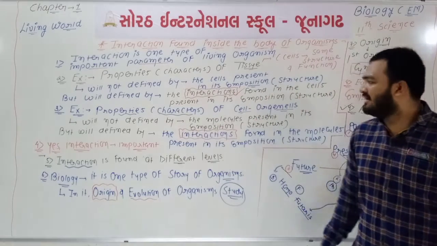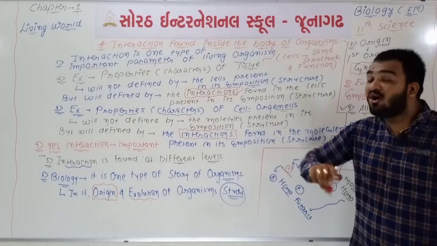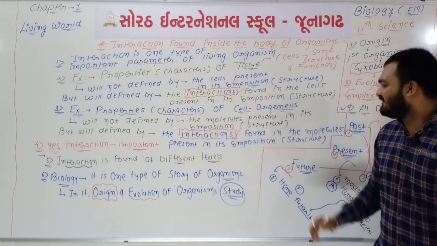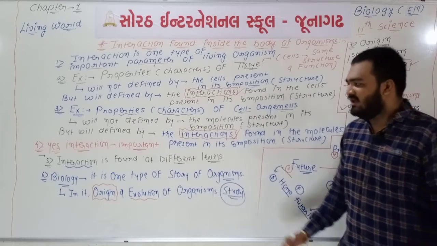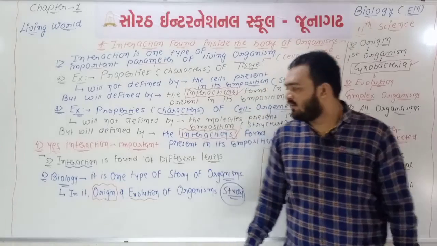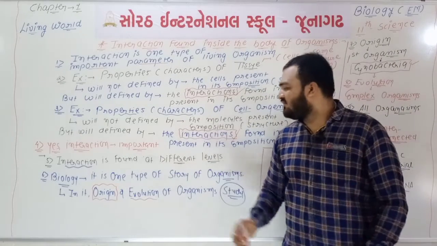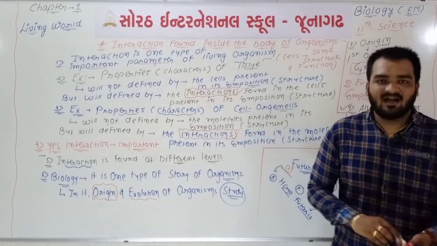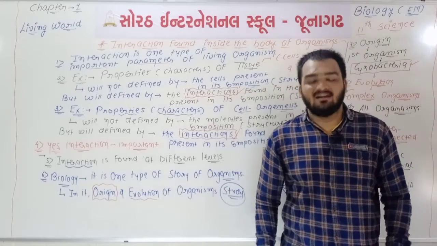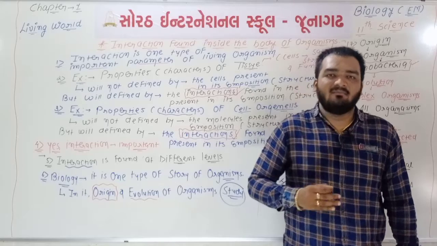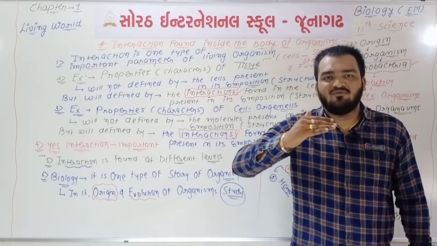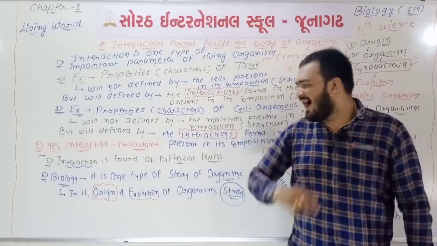The properties or characters of cell organelles will not be defined by the molecules, but by the interactions found in the molecules. So, point number 4, interaction is an important parameter. Interaction is found at different levels, at smaller levels and also at higher levels, but you will remember the complexity of interaction increases as you go from smaller to higher levels.